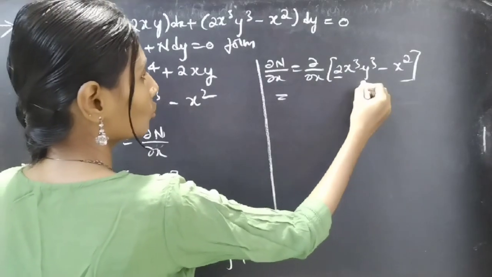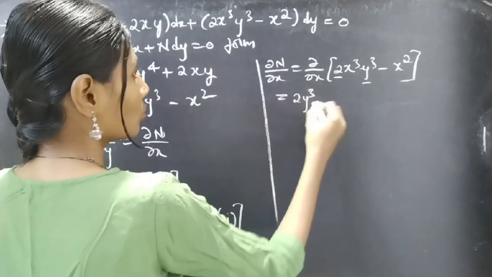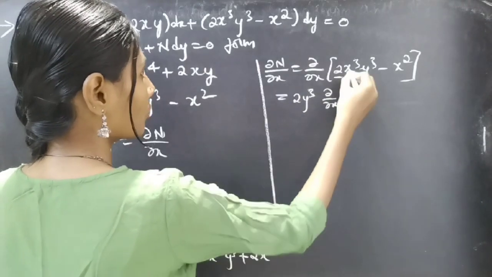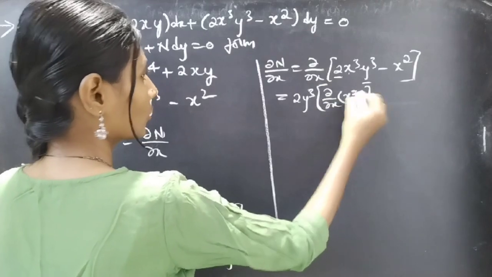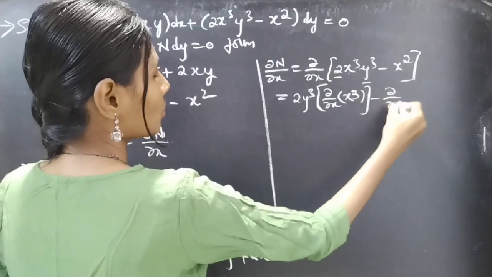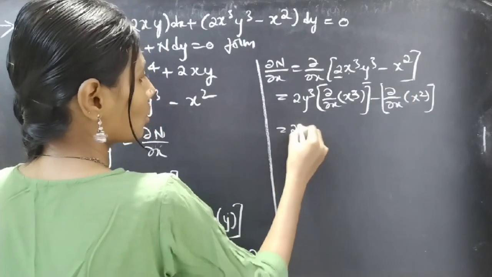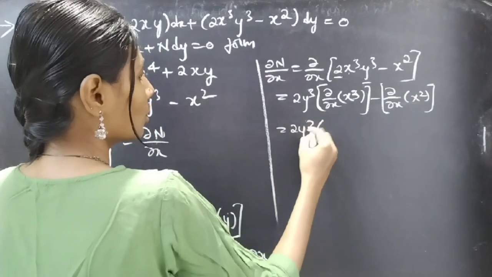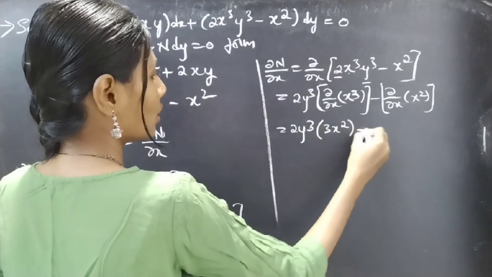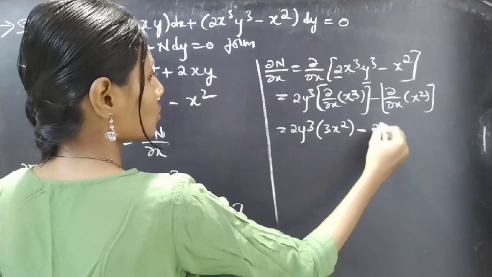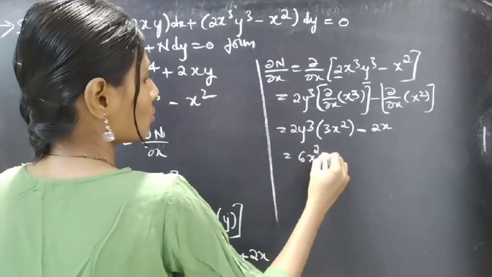In the first term 2y³ is constant, so we'll write it as 2y³ times the partial derivative of x³ with respect to x, minus the partial derivative of x² with respect to x. The partial derivative of x³ with respect to x is 3x², and the partial derivative of x² with respect to x is 2x, which gives us 2 3s are 6x²y³ − 2x.